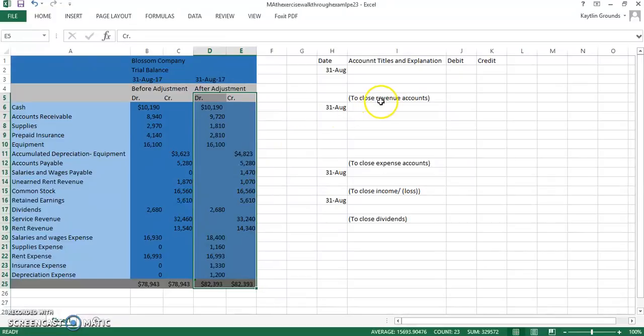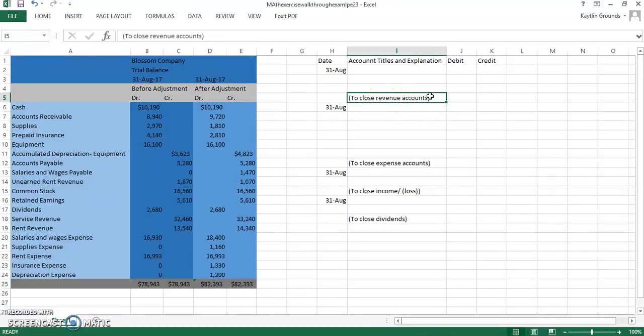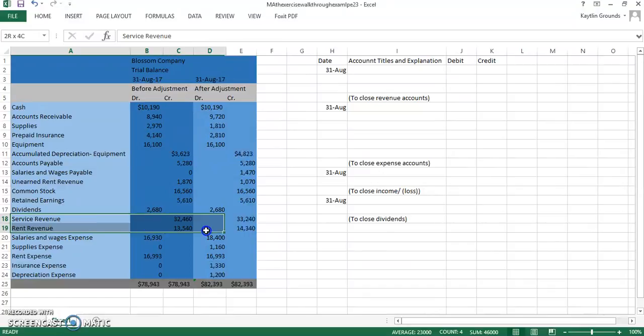So the first thing we're going to do is close revenue accounts. We have two sources of revenue, and we find that these revenues are in the credit section. To close those out, we will place them in the debit category to zero those out.